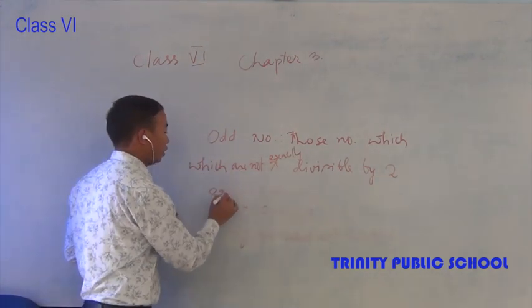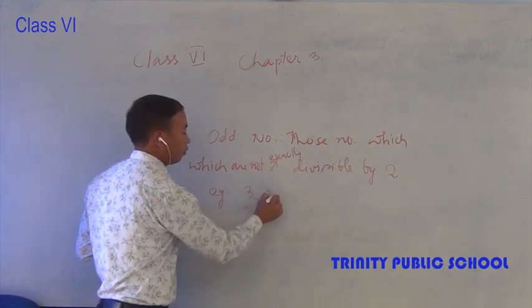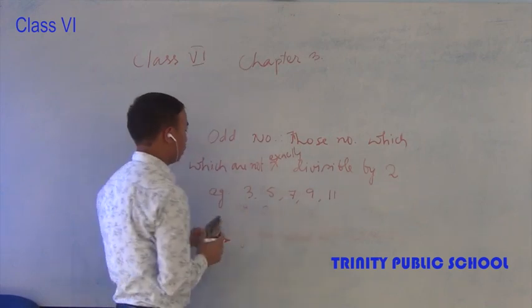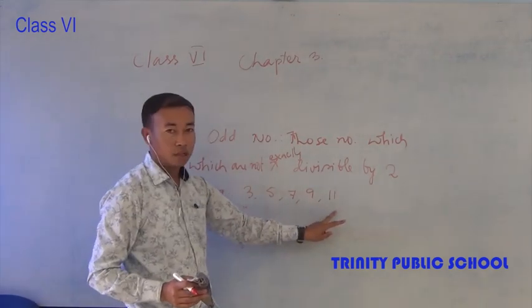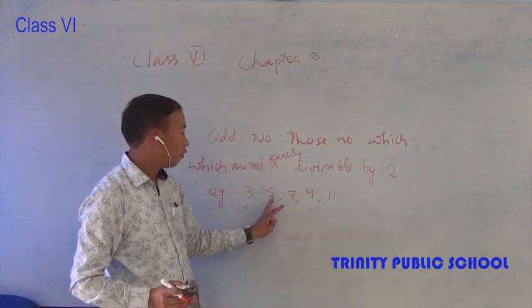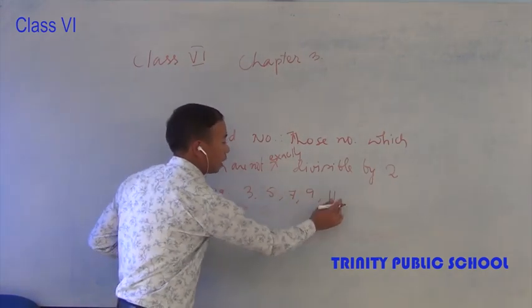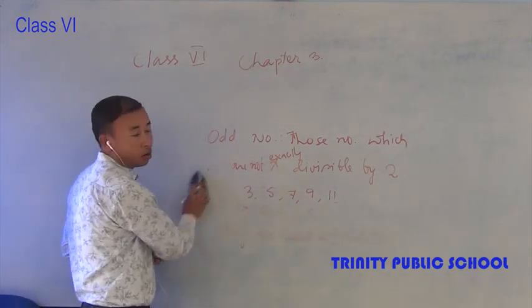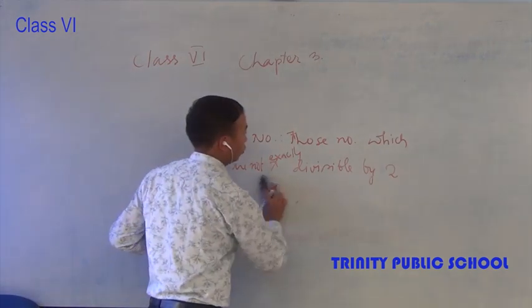Let me give examples: 3, 5, 7, 9. All these are odd numbers. Odd numbers end with these digits: 3, 5, and there is also 1. Alright? So let's continue our exercise 3.2.